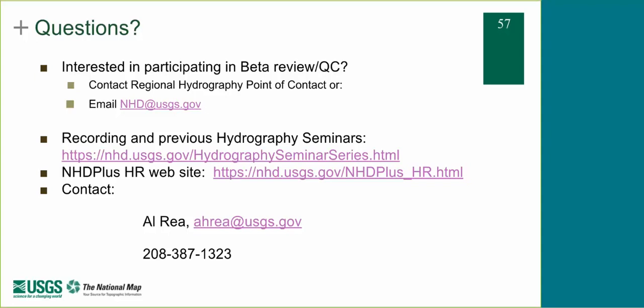And then the other difference is sort of in the vintage. So the NHD High Resolution is a continuously updated product, whereas the NHDPlus High Resolution is based on snapshots. So we take a snapshot of the NHD High Resolution, the WBD and the 3DEP data, and we embed that into the NHDPlus High Res.